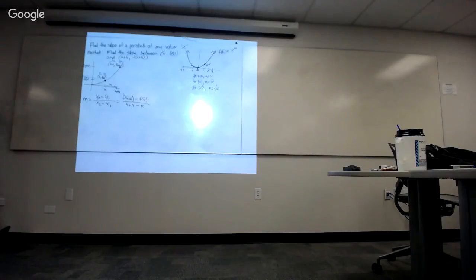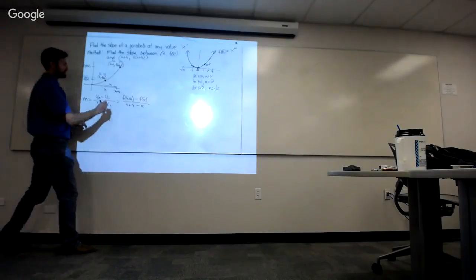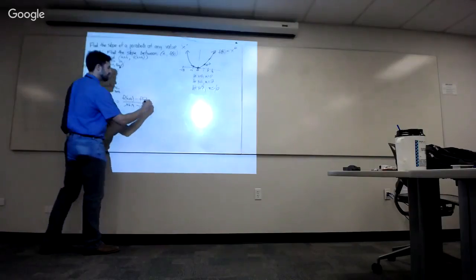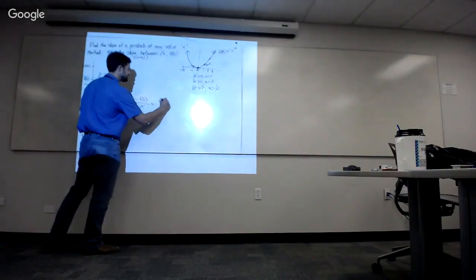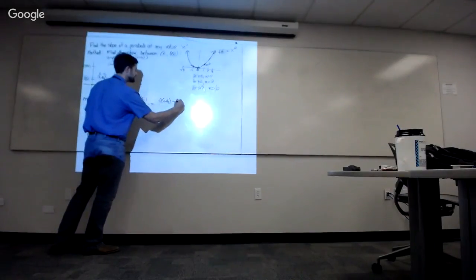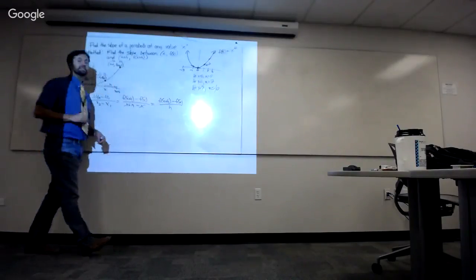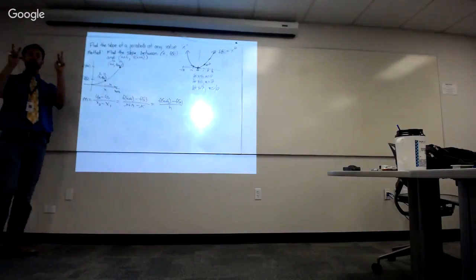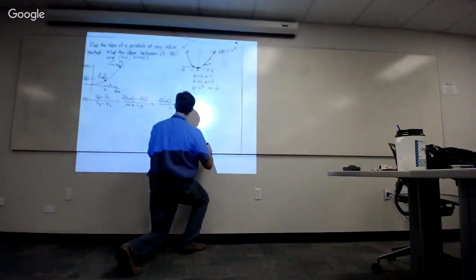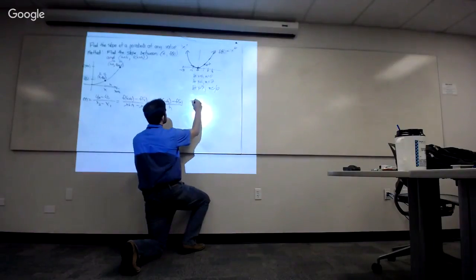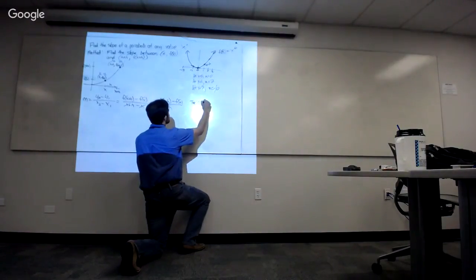And what's the only thing we can do with that right now? Cancel out the x's in the bottom. So what we have right here, folks, f of x plus h minus f of x over h. This is actually called something. This is called the difference quotient. It's our first tool in calculus, the difference quotient.